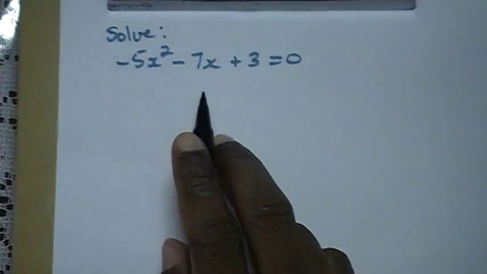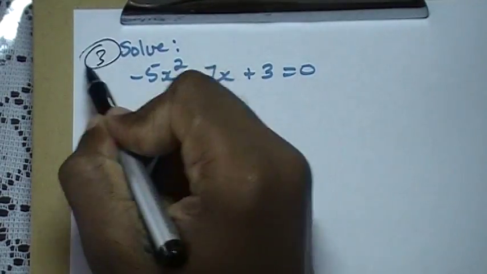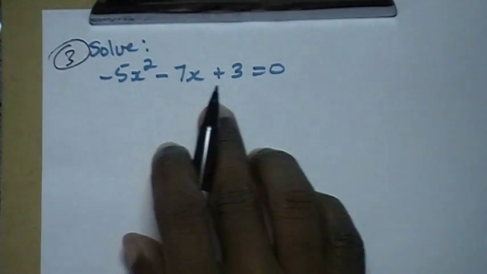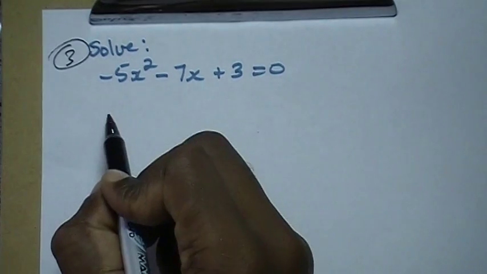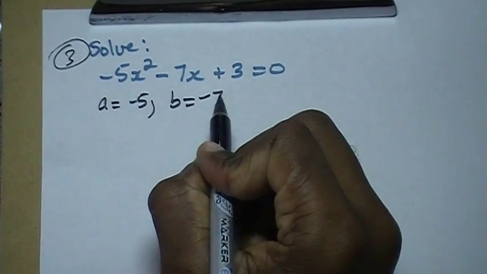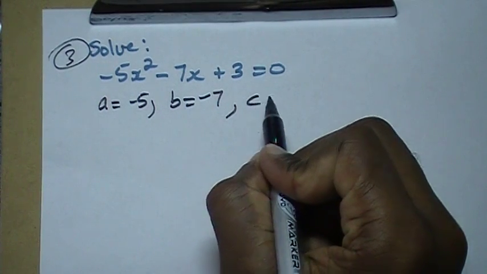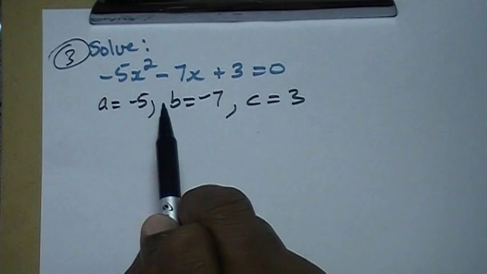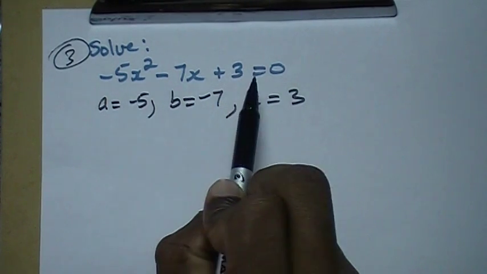Alright, so let's solve the last one, number 3. Now we're going to use the formula again. The first thing we need to do is label. Make sure that we know that a is negative 5, b is equal to negative 7, and c is equal to positive 3. Why is that the first thing? Because it's already in standard form.